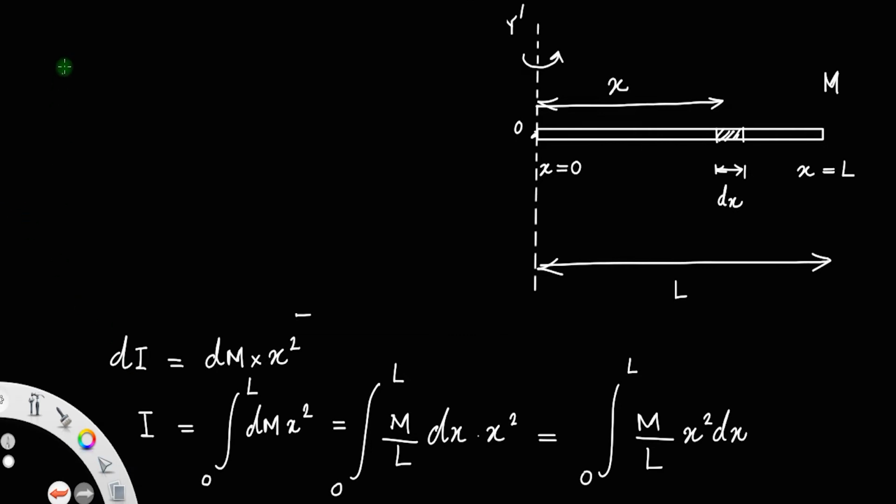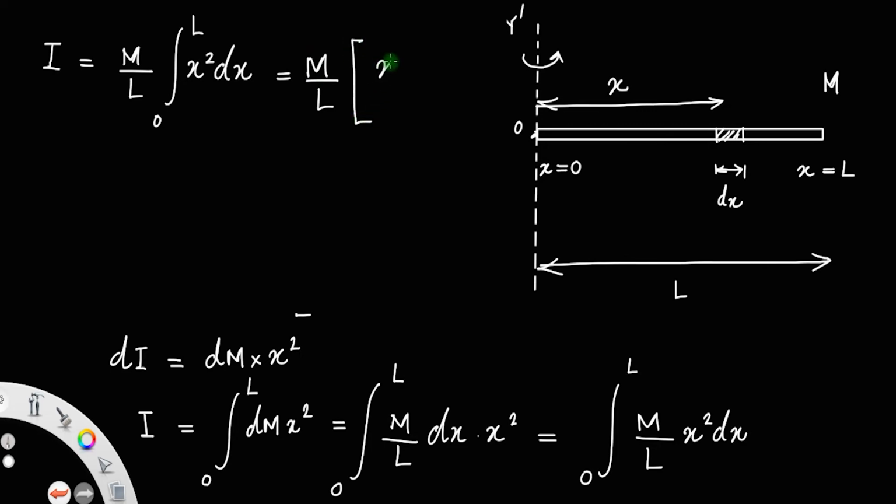That is, I is equal to, since mass and length remain constant, they can be taken out of the integral sign. That is M by L integral 0 to L of x squared dx, which is equal to M by L times the integral of x squared, which is x cubed divided by 3.